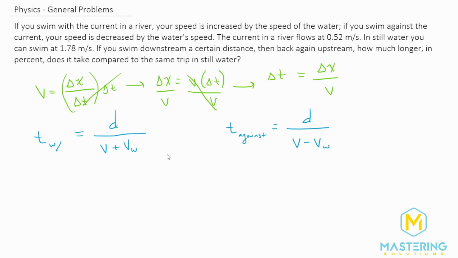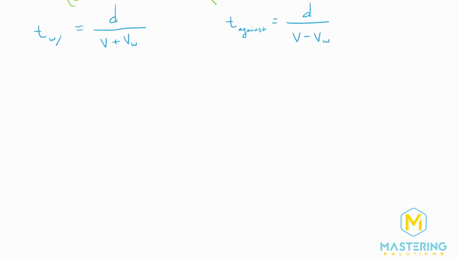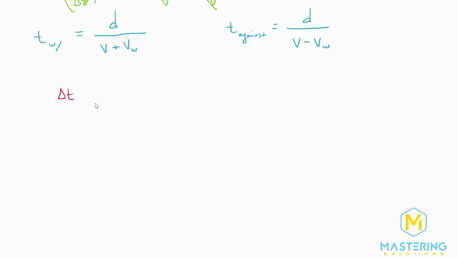So now we have these two, and let's write an equation to simplify the overall concept of what we're doing in this problem. The total time that it took us to do it with the current as a factor, divided by the total time if it was just still water.